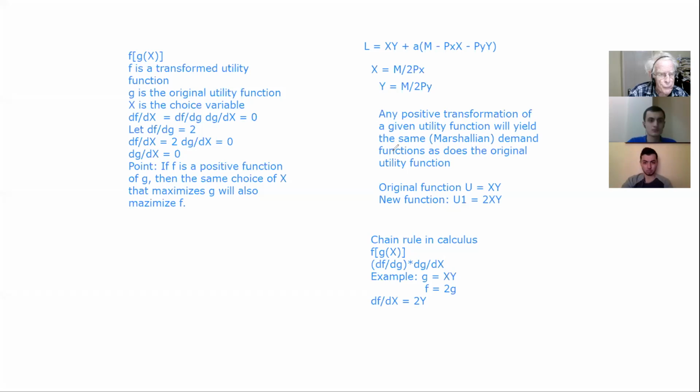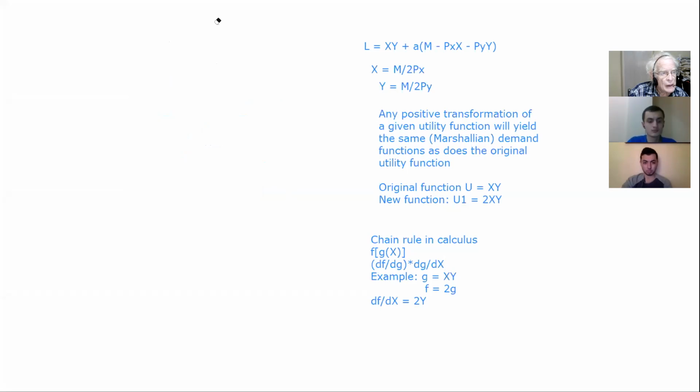So the Lagrangian L is equal to x to the power 1/3 times y to the power 2/3, and then the usual multiplier and budget constraint.